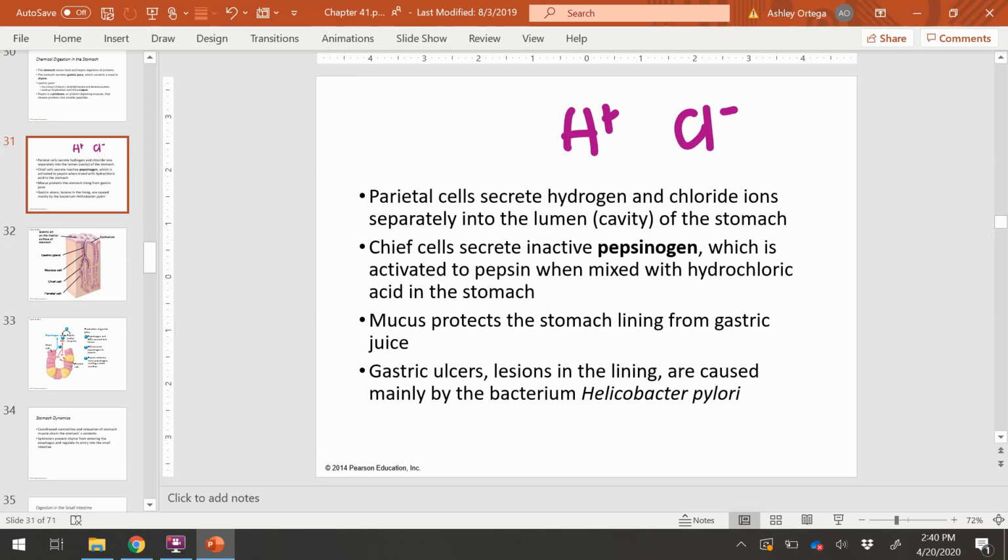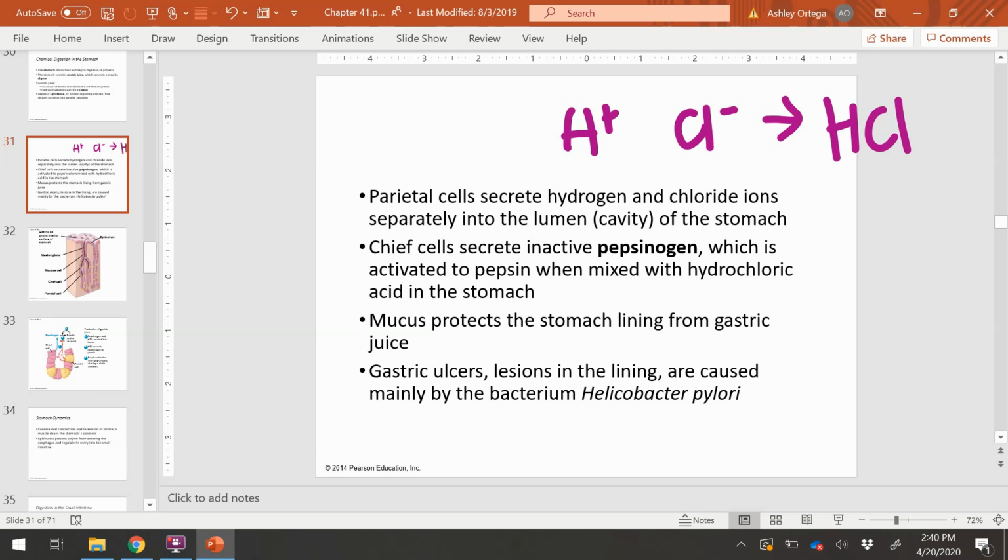And from there, they will combine to make the hydrochloric acid HCl. Chief cells will secrete pepsinogen molecule, which gets activated to pepsin when it's mixed with an acid. So hydrochloric acid in the stomach will then form pepsin, and that will start breaking down proteins.